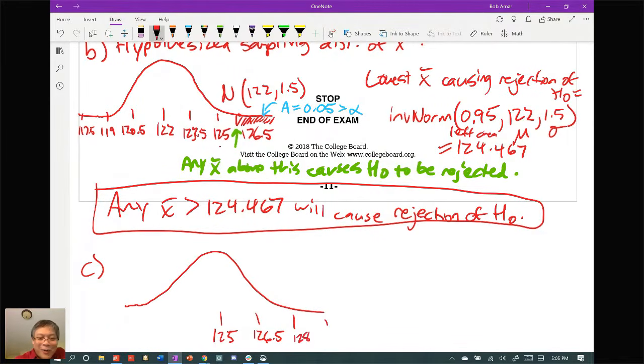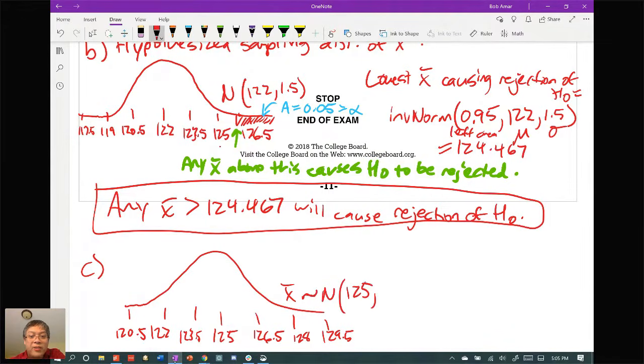Now I'm going to extend this, and I'm aiming to make sure these two curves can be compared visually. I've gone 3 standard deviations in either direction. In this case, the x bars really don't come from the hypothesized distribution in B. They come from the distribution in C, because that's the true mean. So x bar really does follow a normal distribution with a mean of 125 instead.